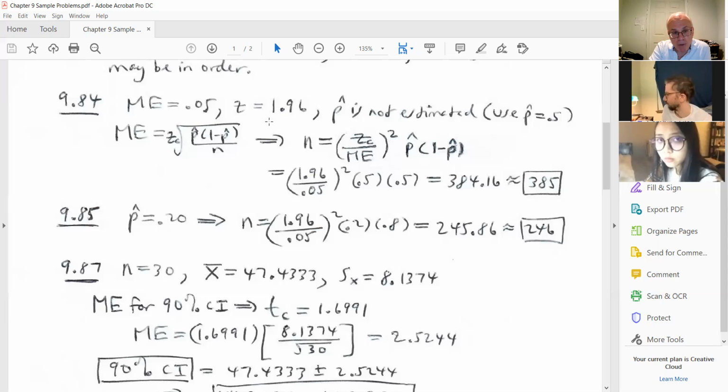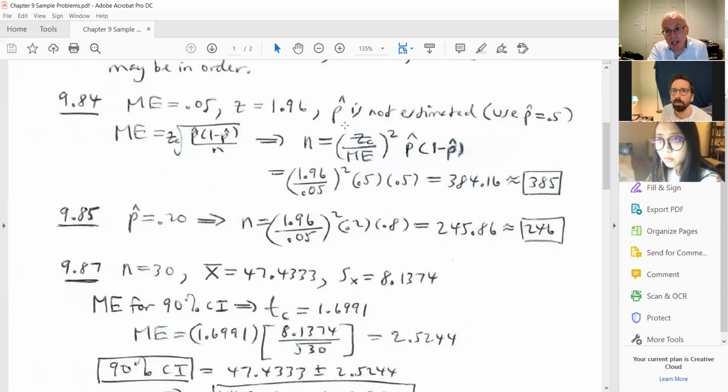Now, it's a 95% confidence interval, so I know Z is 1.96. The thing that's not given to me, which I will need, is an estimate of the sample proportion or the population proportion.